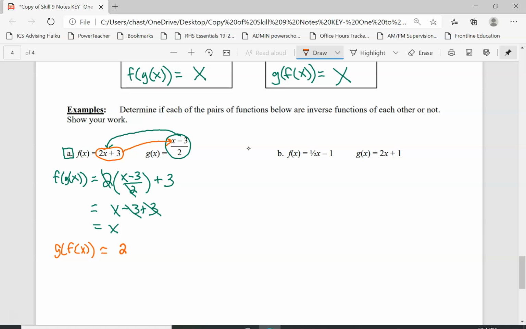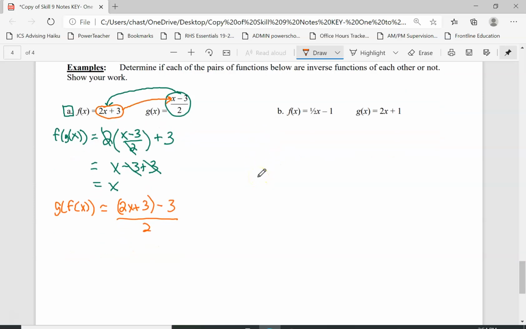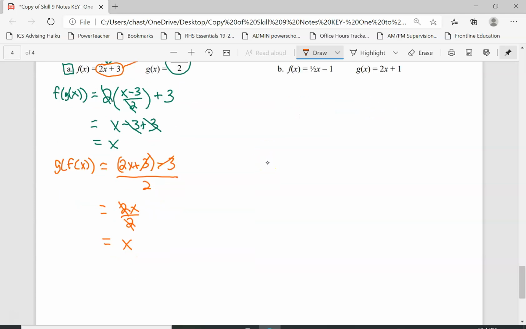So that gives me 2x plus 3 minus 3, all over 2. And as you can see, on the top the plus 3 cancels with the minus 3, so that gives us 2x over 2. The 2's will cancel, and we just get x. Since the compositions work both ways, f of g of x is equal to g of f of x, and f of x and g of x are inverses.